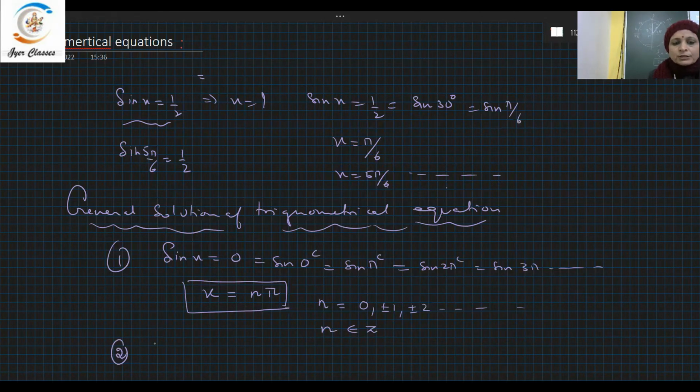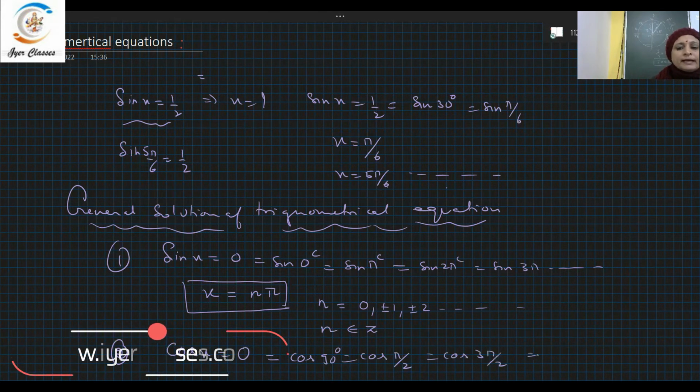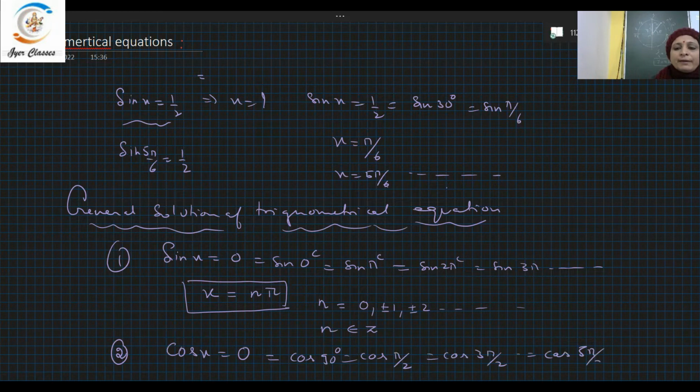Suppose we have got the value of cos x is equal to 0. इसका मतलब आप बोलोगे this is equal to cos 90, यानी cos pi by 2. cos 3 pi by 2 भी 0 होता है. cos 5 pi by 2 भी 0 होता है and so on. तो यहाँ x की वैल्यू क्या लेंगे? देखो क्या खास बात है, odd multiples of pi by 2 है.